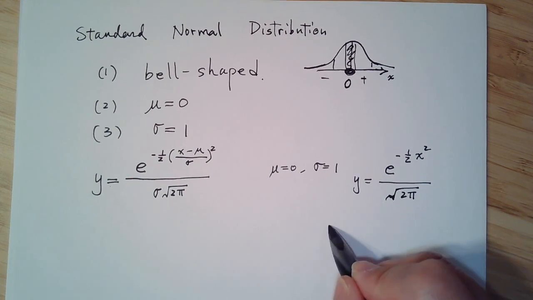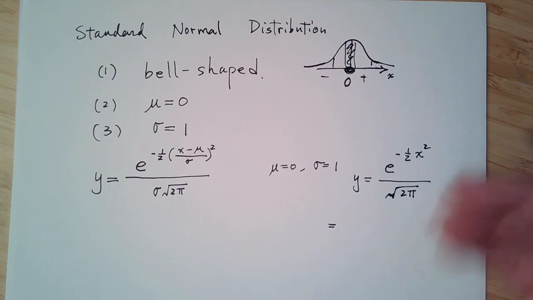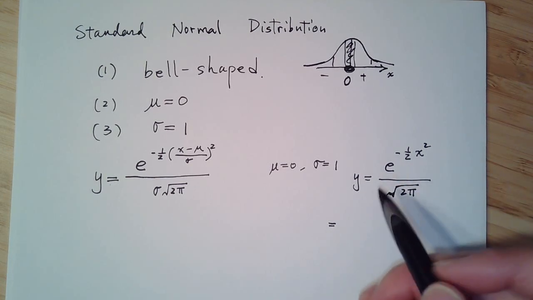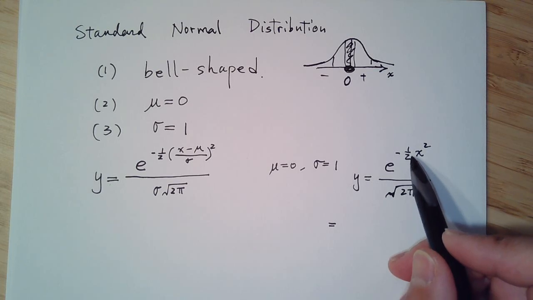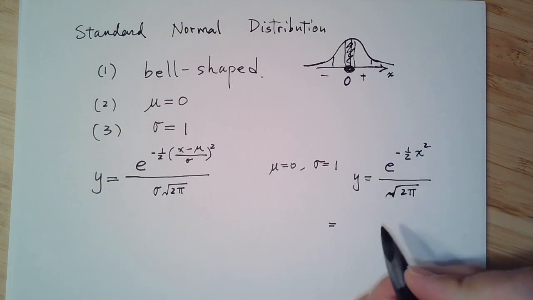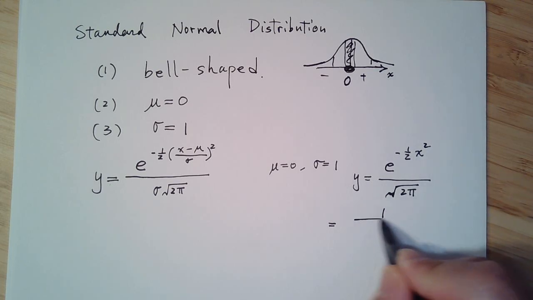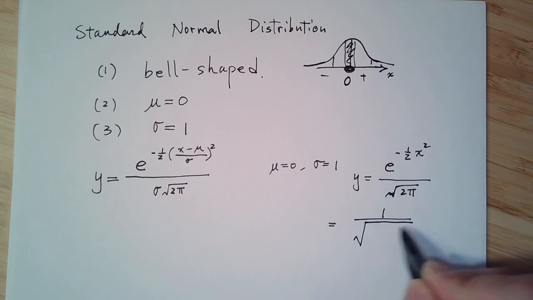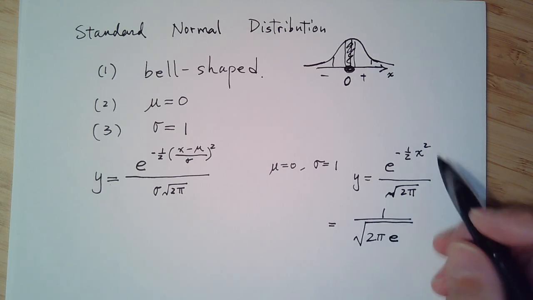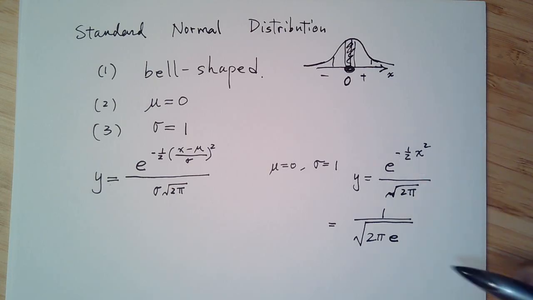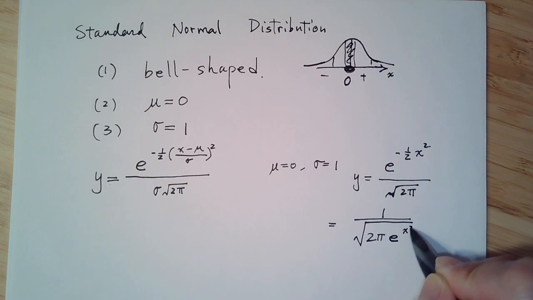2 pi. And then because this is negative, you can flip it down to the denominator, and this 1/2 is the square root. So therefore you have the square root of 2 pi, and then you have this e, and this negative is gone because you flipped that down there, and this 1/2 is out, so you have x squared.